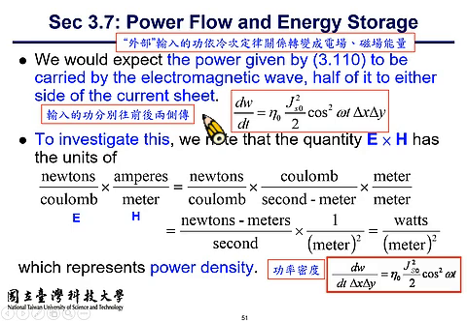Then we will look at the same quantity, the power, in terms of electric and magnetic fields. So we'll look at this relationship again from the perspective of the E and H fields. But before we do that, we notice the cross product E cross H equals what kind of a unit? Let's take a look at this.